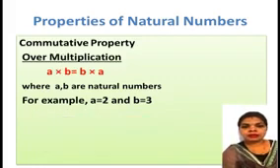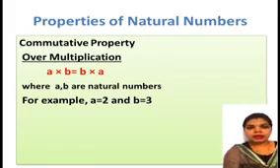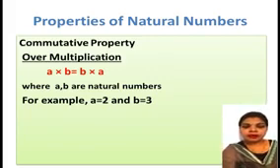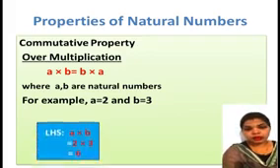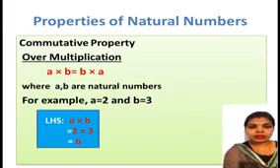Now we will see commutative property over multiplication. It says that a into b is equal to b into a, where a and b are natural numbers. For example, a is equal to 2 and b is equal to 3. Then LHS becomes a into b, that is 2 into 3, which equals 6.